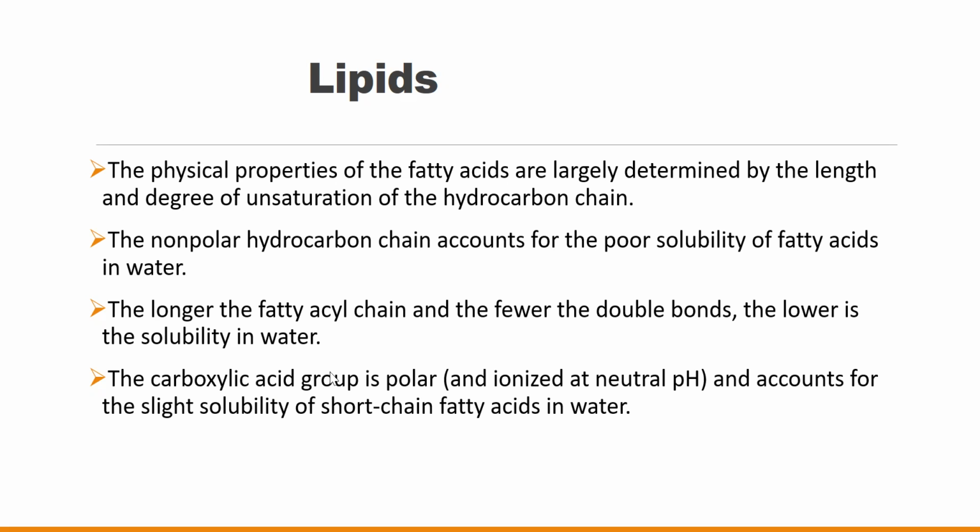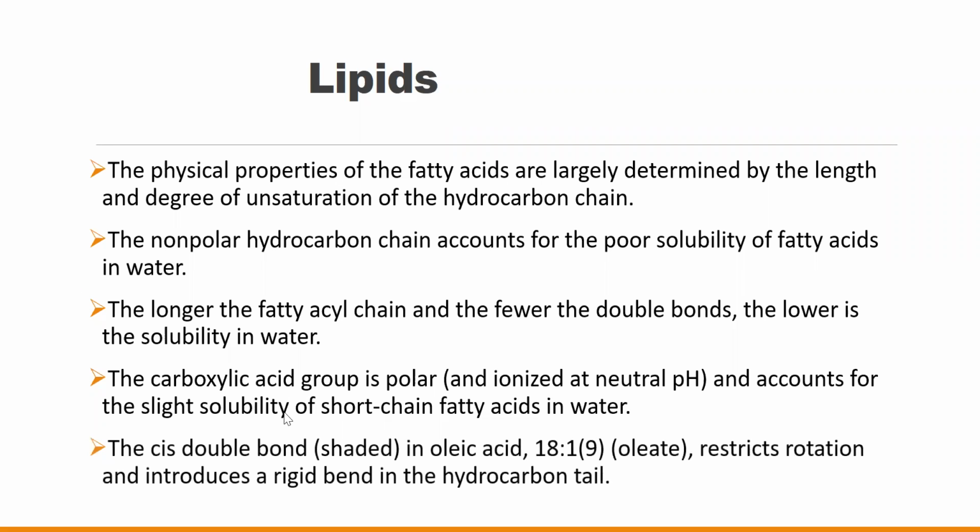Because of that, the carboxylic acid group accounts for the slight solubility of short chain fatty acids. If our fatty acid chain is short, like less than 10, it is somehow soluble in water. But the higher the number of carbons of fatty acids, the greater the insolubility in water.